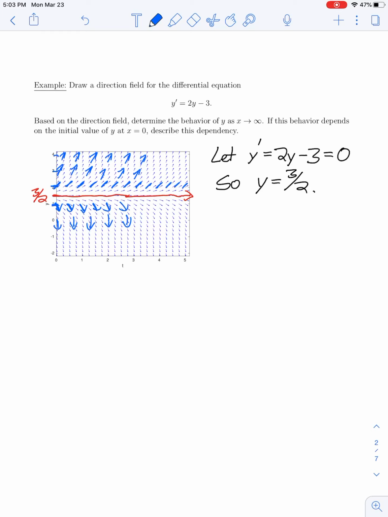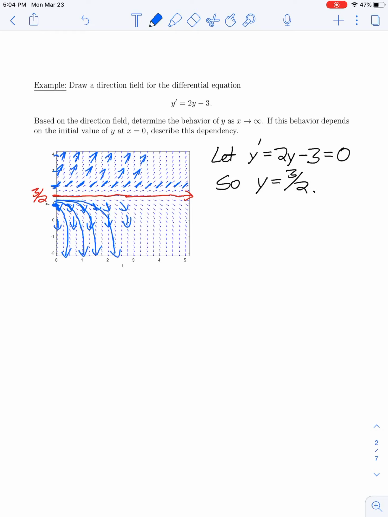So from the direction field that we're given here, we can try to determine the behavior of our solutions as x becomes large. And again, we see there's a split in limiting behavior. It looks like for any initial value of y that starts below 3/2, our solutions very rapidly start to move towards negative infinity.